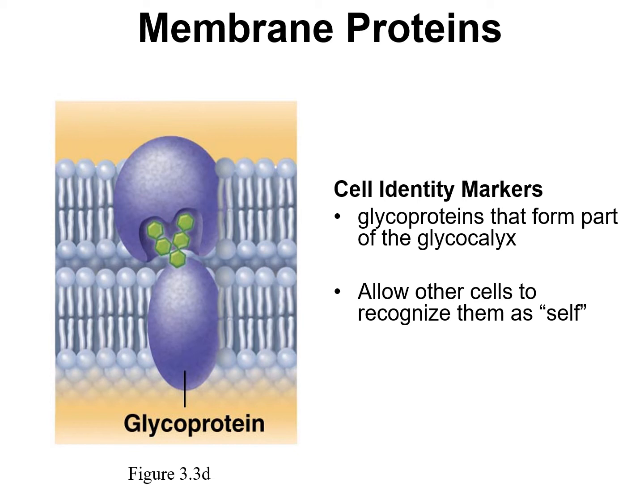So this is how your immune system is able to distinguish cells that belong to the body versus cells that are foreign. It's the arrangement of these glycoproteins in the glycocalyx. Of course, the arrangement of these proteins in the glycocalyx is going to be determined by your DNA.